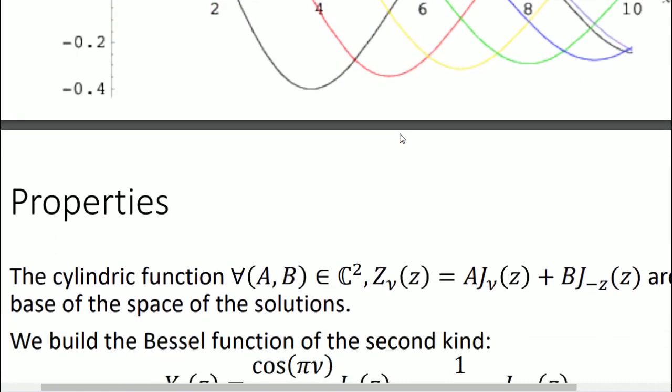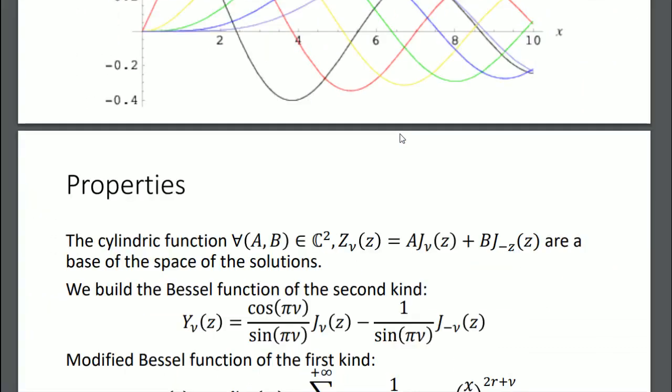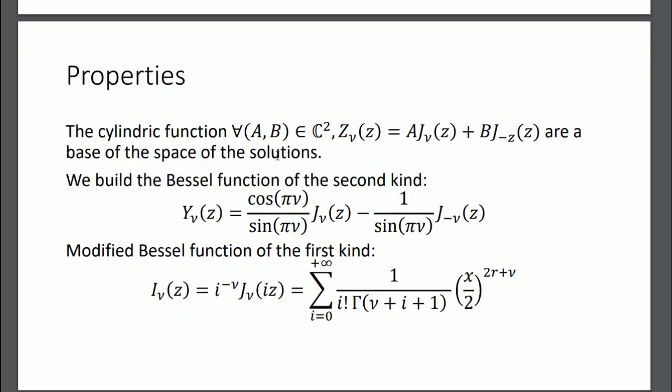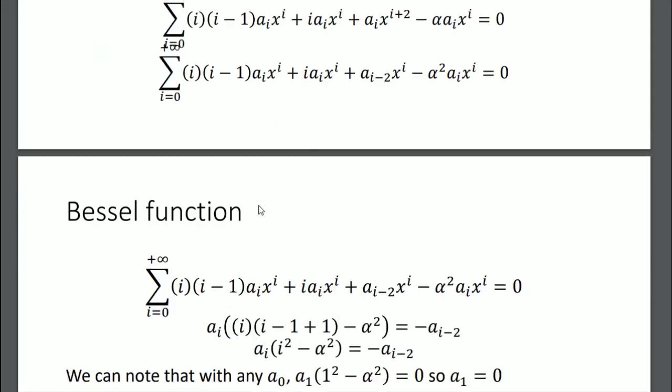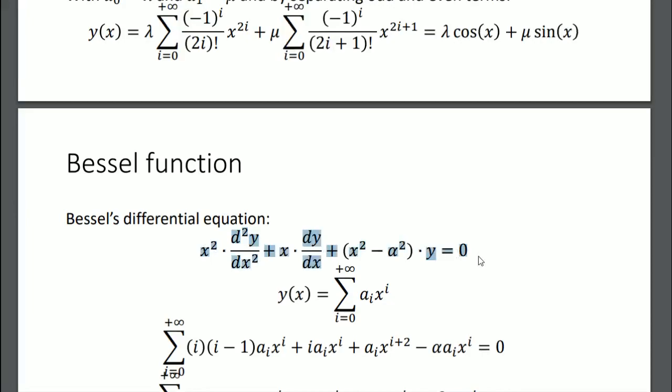So we call the cylindrical functions all the functions that can be a function of a times J to the order nu plus b times J to the order minus nu. So it's just a sum of J of that order plus b J of the order minus that order. So it's a base of the solutions of this kind of problem, this one here.